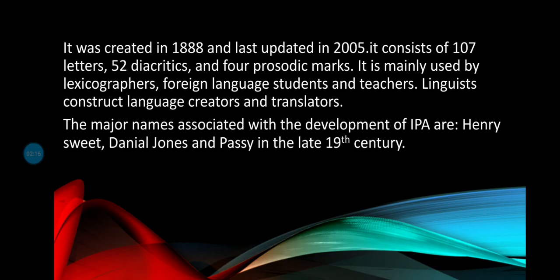Okay, then we have further. IPA was created in 1888, meaning the late 19th century, and it was last updated in 2005. If we come to the structure, the making of IPA, it consists of 107 letters and then 52 diacritics. Now what are diacritics?